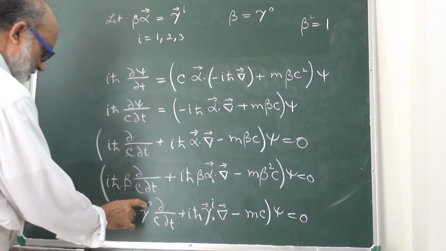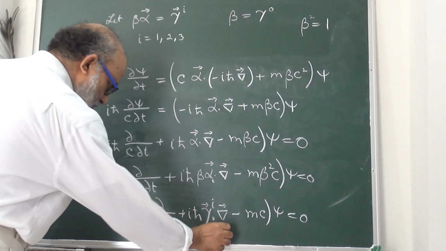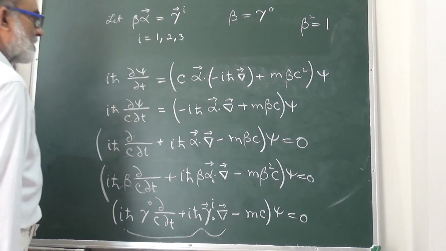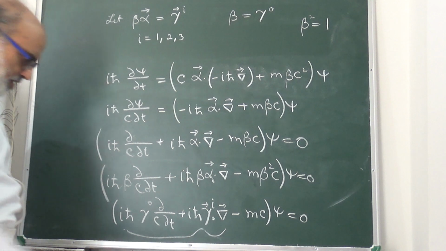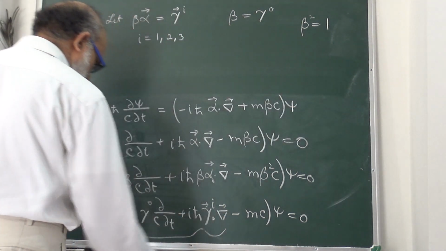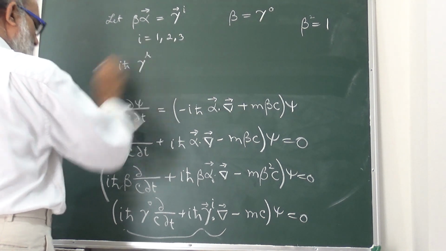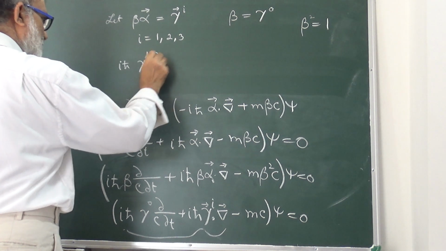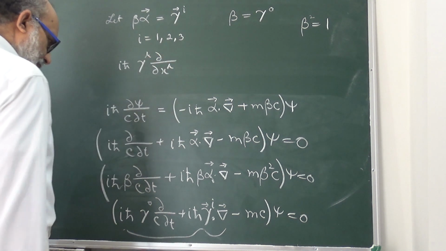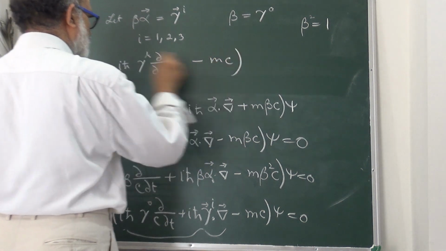So this is the time component and this is the space component. These two can be combined, time component and space component, and written as i h cross gamma mu delta by delta x mu minus m c.